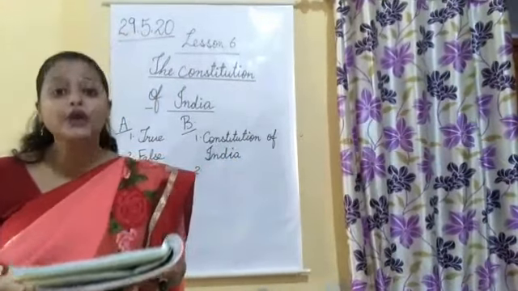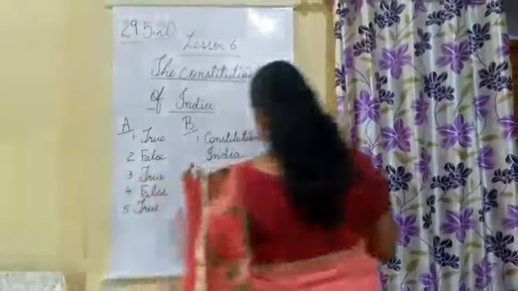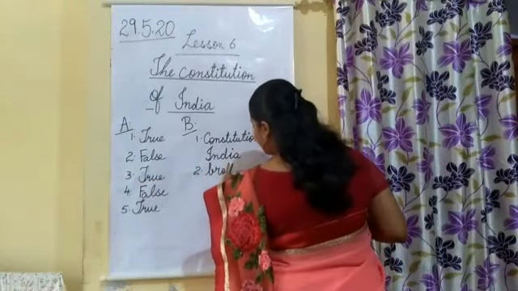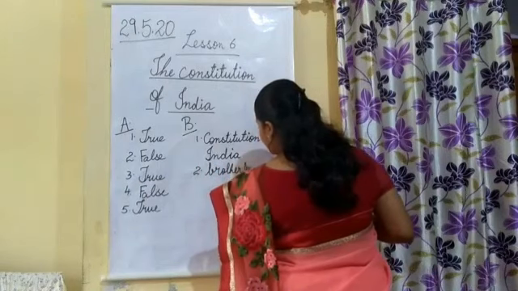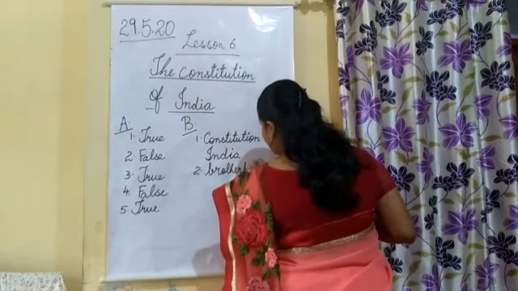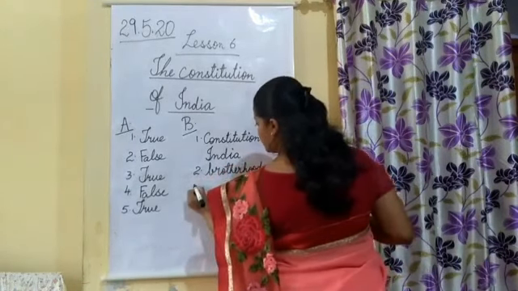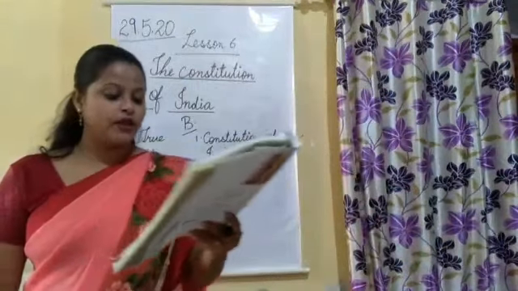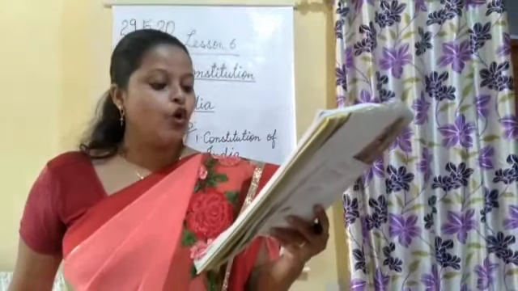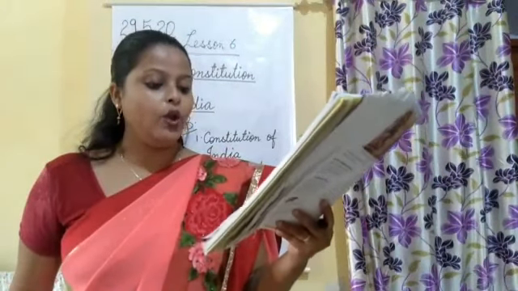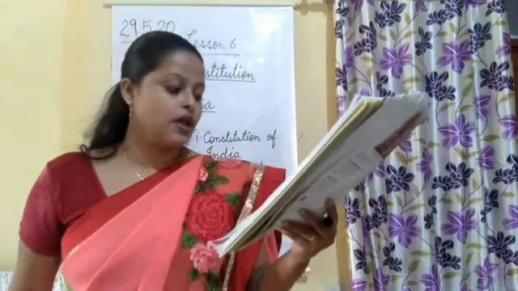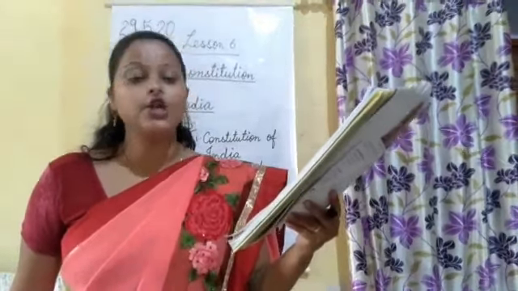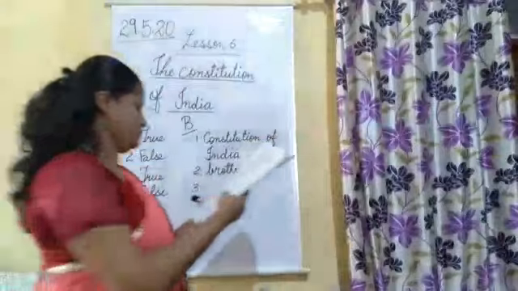Answer, brotherhood. Third question, the dash are guidelines for the government to apply while making laws. Answer, directive principles of state policy.